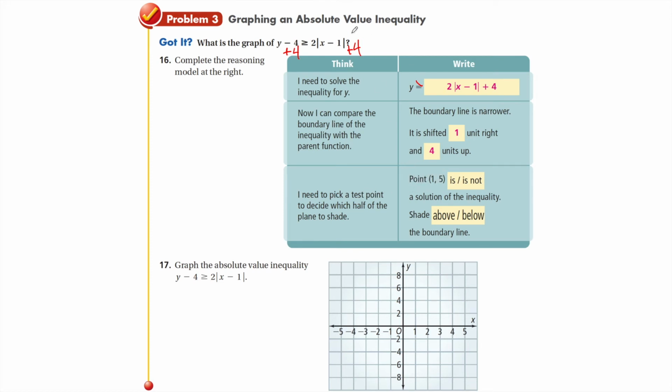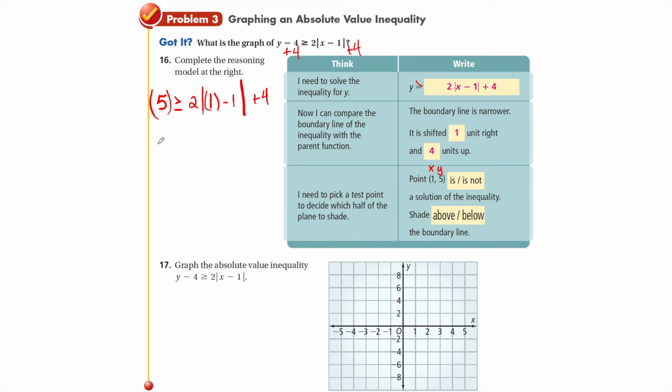And if we were to plug (1, 5) in, we get that we have a 5 for the y value, because again, our x and our y. Our 5 for the y value is greater than or equal to 2 times the absolute value of the 1, which we plugged in for the x value, and I'll put parentheses around it. I'll even put parentheses around the 5 as well, minus the 1, again inside the absolute value, plus 4.